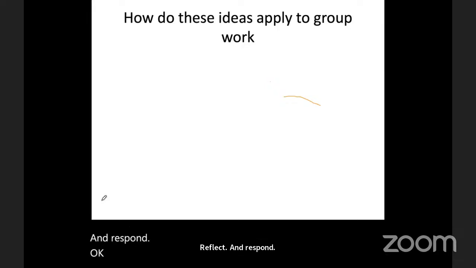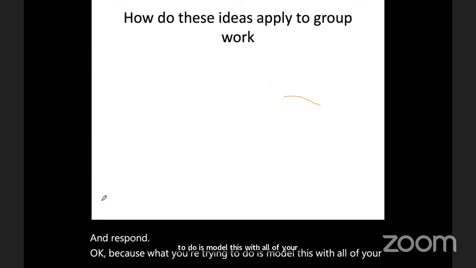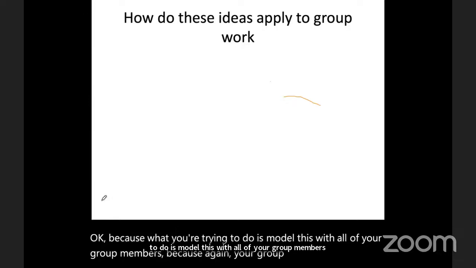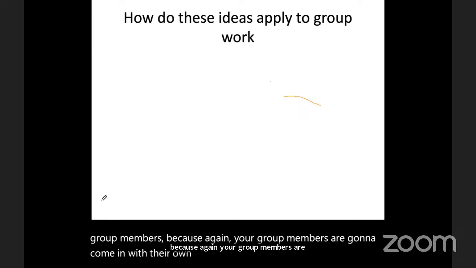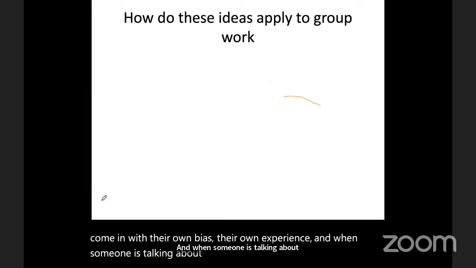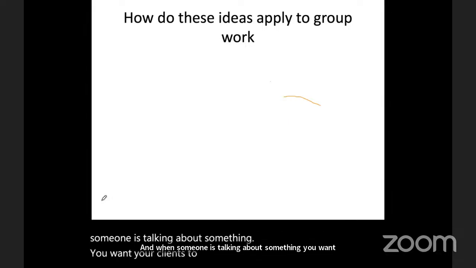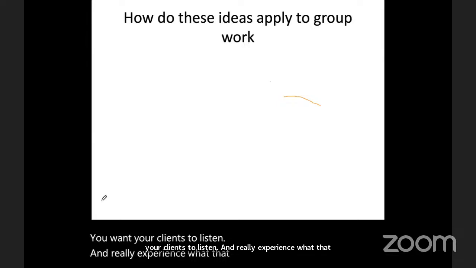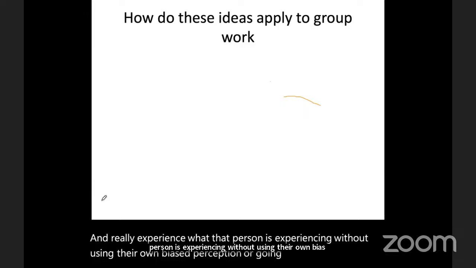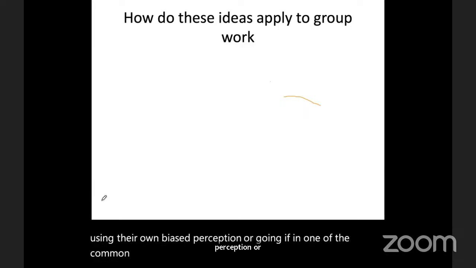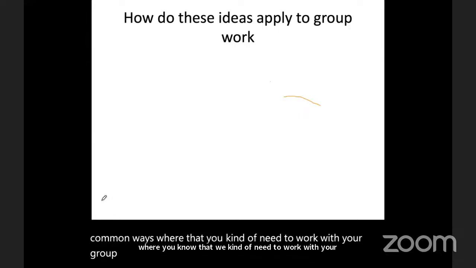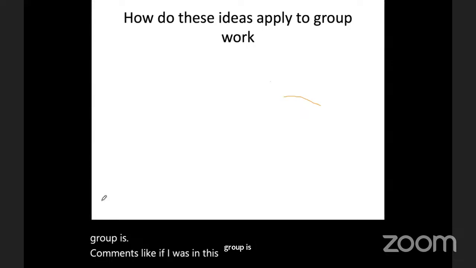Because what you're trying to do is model this with all of your group members, because your group members are going to come in with their own bias, their own experience. And when someone is talking about something, you want your clients to listen and really experience what that person is experiencing without using their own biased perception. One of the common ways you know you need to work with your group is comments like, well, if I was in this situation, this is what I would have done.